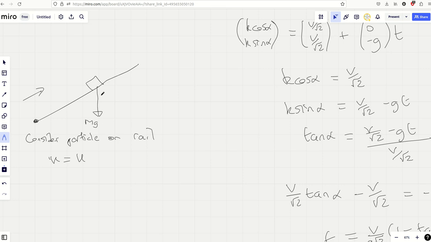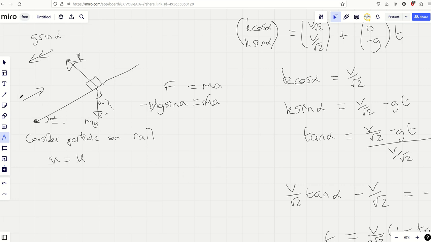If this was mg, well, that would be alpha, and that would be R. And so you definitely could say minus mg sine alpha equals ma, and that's from F equals ma I'm using there. The m's cancel, and we can see the acceleration in the diagonal direction is actually minus g sine alpha in that direction. That's the acceleration, yeah?